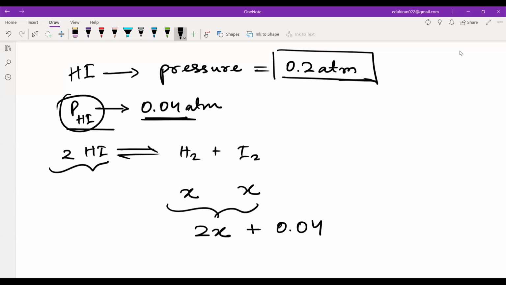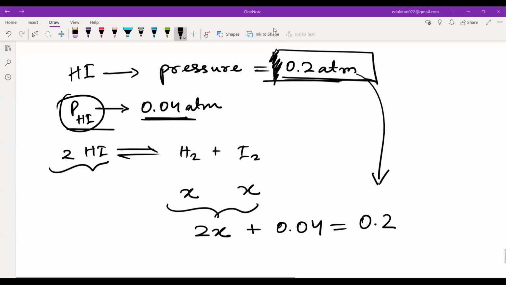Now this will be equal to 0.2 atm, because this is the pressure at equilibrium. This total pressure is not going to change. Initially we started with 0.2 atm, and finally at equilibrium also we are going to have 0.2 atm.